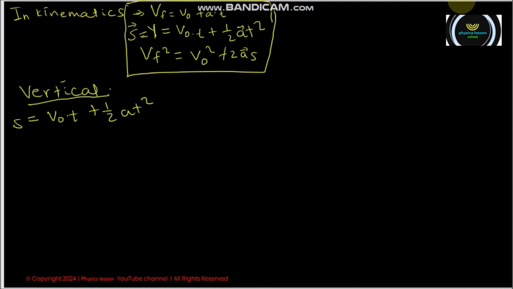Now we convert this for the vertical. That means for the vertical we have y is equal to v naught across the y times t plus 1 over 2 times negative g, t squared.